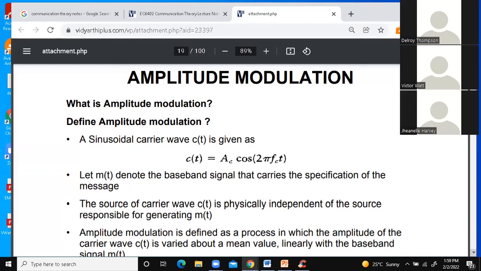First things first, the carrier signal is always a sinusoidal signal. And here is a general representation of a sinusoidal signal.